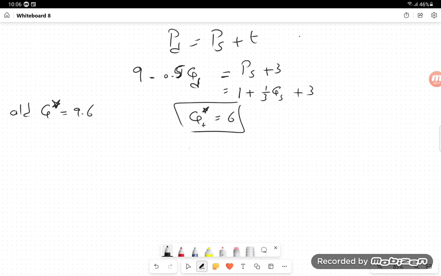And with respect to the equilibrium price, it will be 3 instead of 4.2. So as a result of imposing taxes, equilibrium quantity decreases from 9.6 to 6, and equilibrium price decreases from 4.2 to 3.